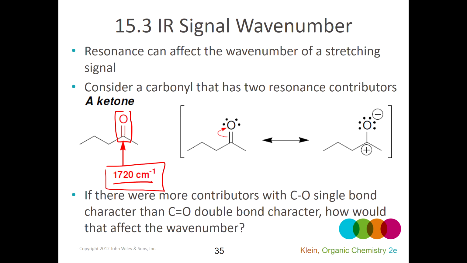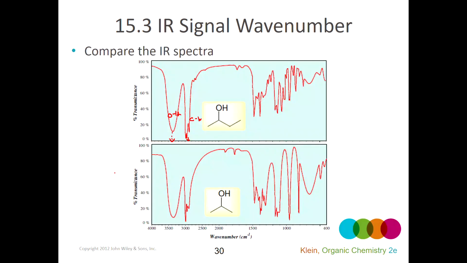So to stretch this bond, less energy is required. It's a relatively strong bond, but the elements are relatively heavy compared to a CH or an OH. The lighter elements are the higher energy stretches. So this is a lower energy stretch, but at least it's above 1,500, so we can usually find it if it's there. Right? So let's just go back here and look at a couple examples.